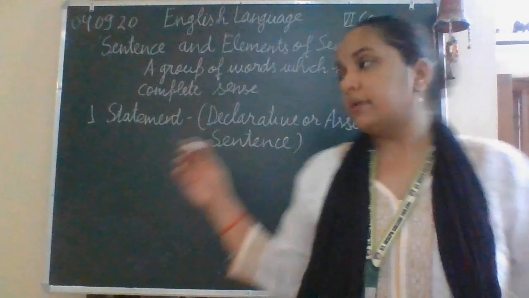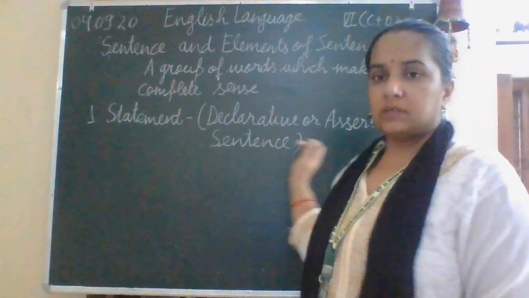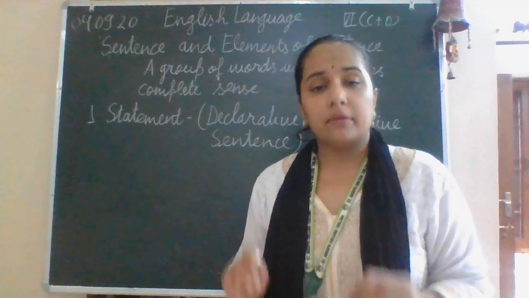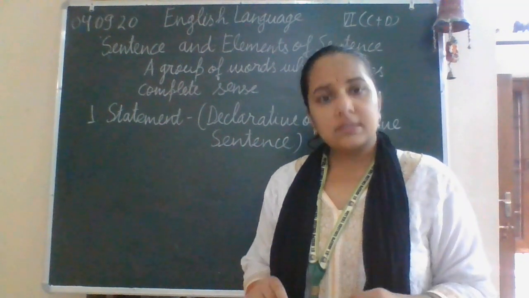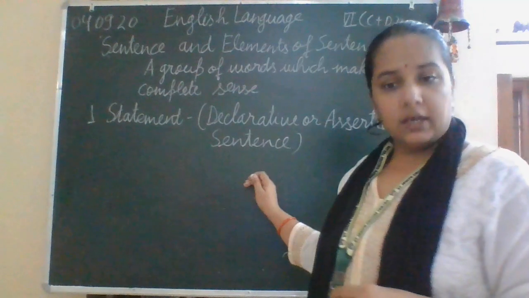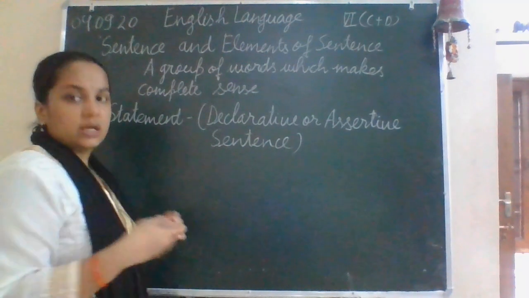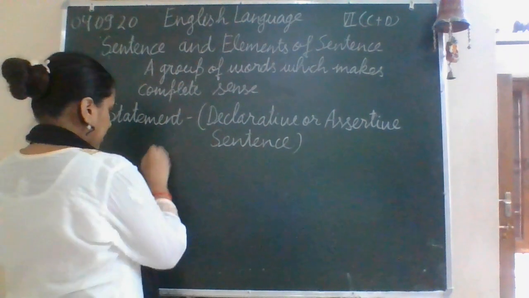Now, what is a declarative or an assertive sentence? A simple sentence is a declarative or assertive sentence, as I gave you the previous example. Or we can take another example.